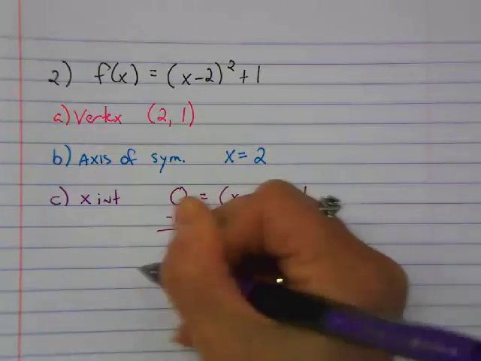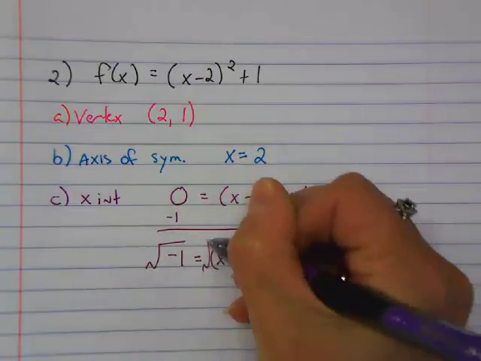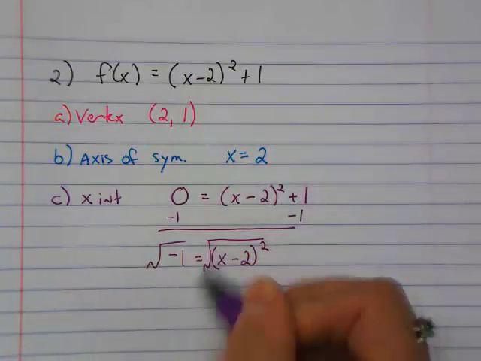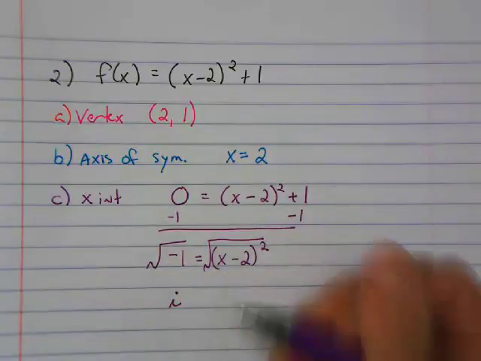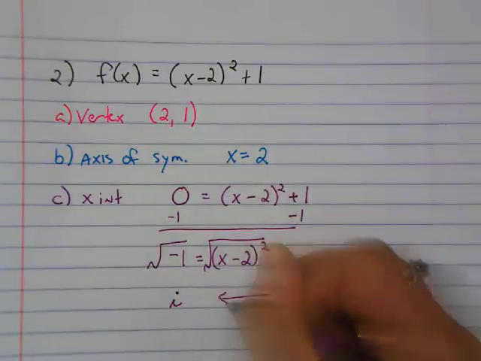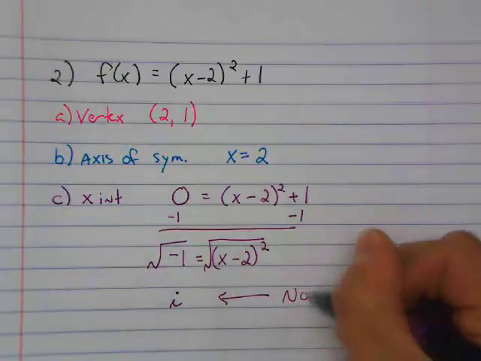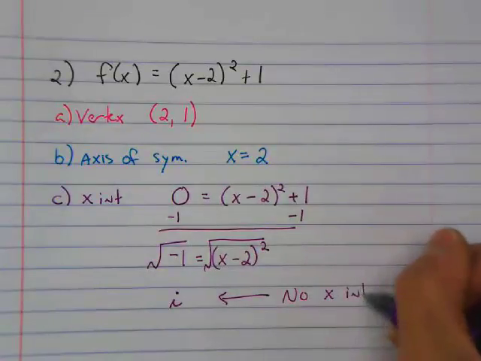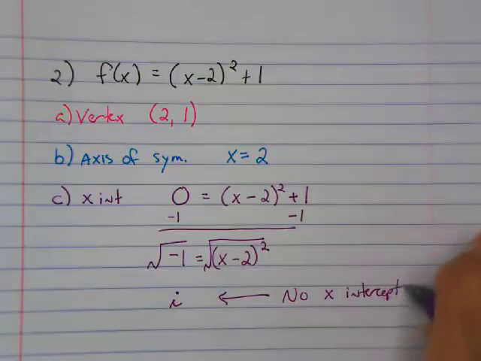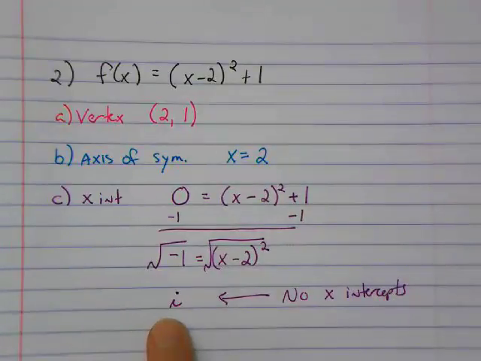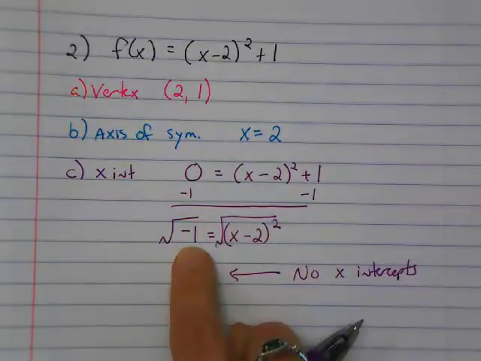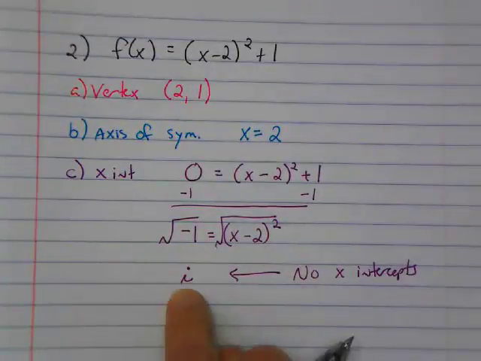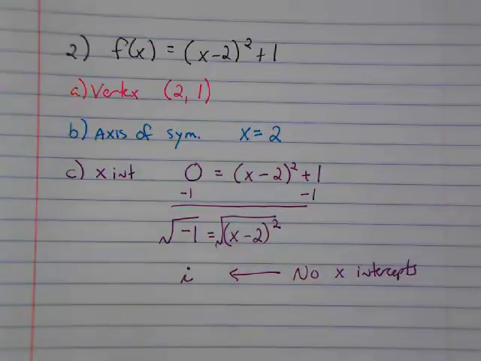And now I take the square root. And the square root of negative 1 is i. Which means right now I know that I have no x-intercept. That my roots are both imaginary. Okay, so anytime you try to take the square root and get an imaginary number, then you can stop and realize you have no x-intercept.